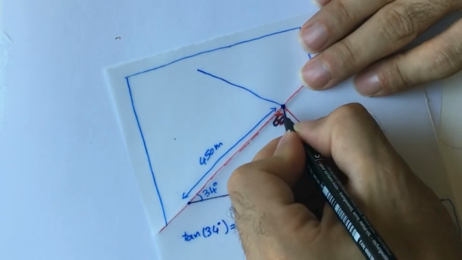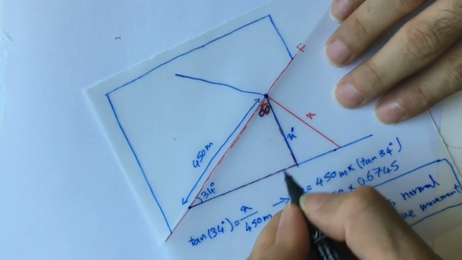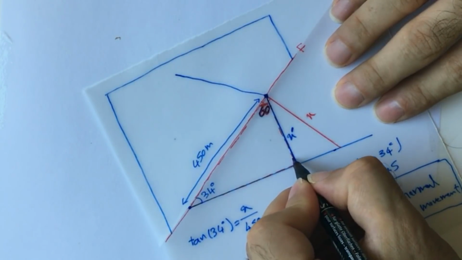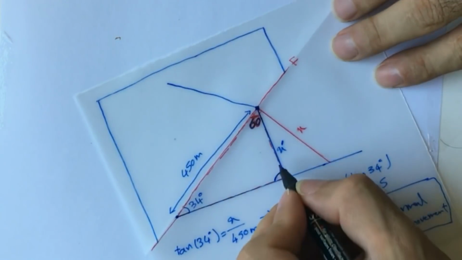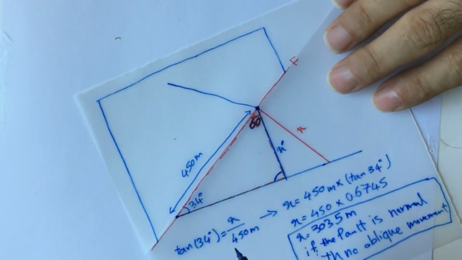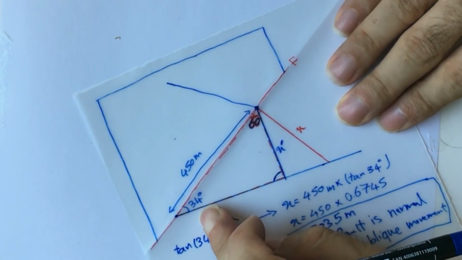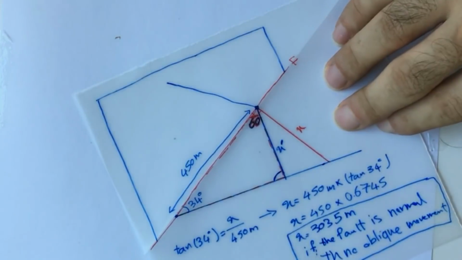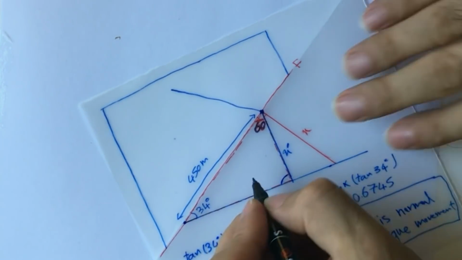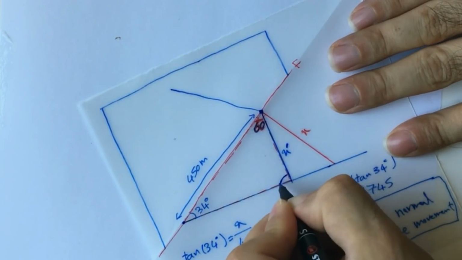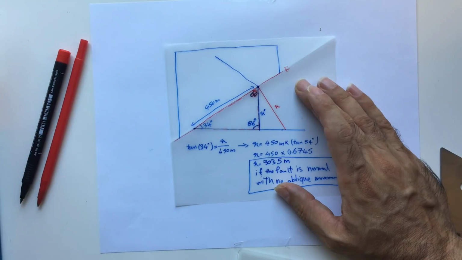This is 60 degrees, this is 34 degrees, and this time the third angle we can calculate as 180 minus 60 minus 34, which is 86 degrees. It's not 90, it's 86 degrees.